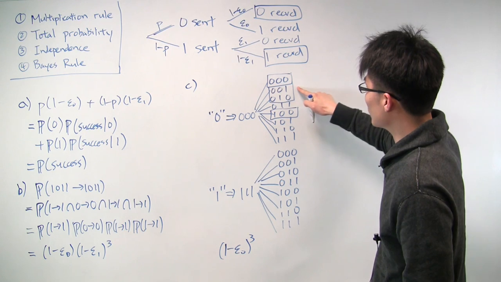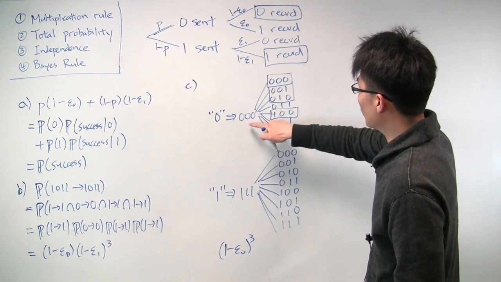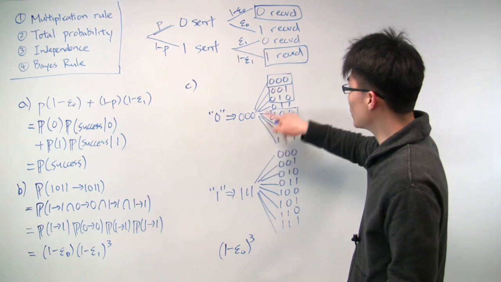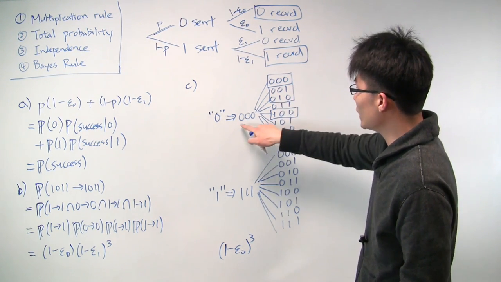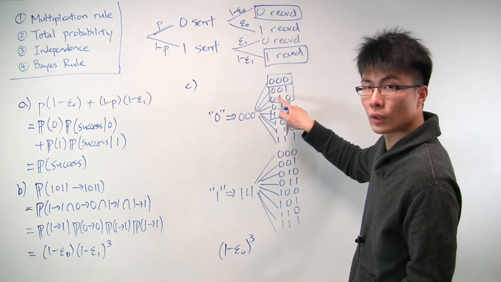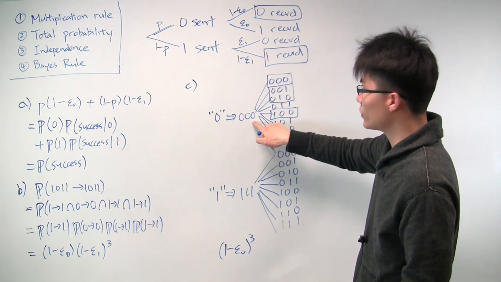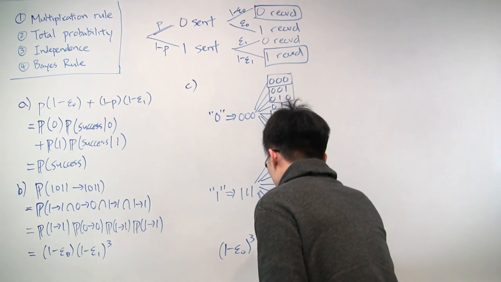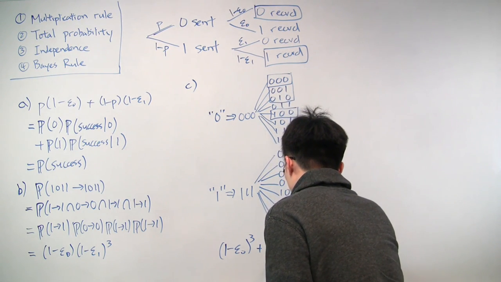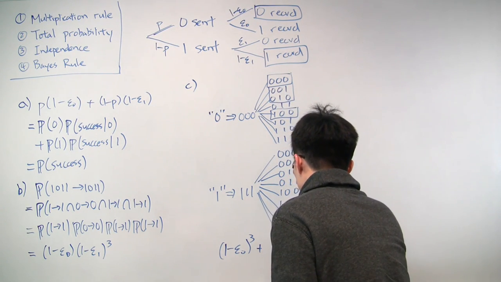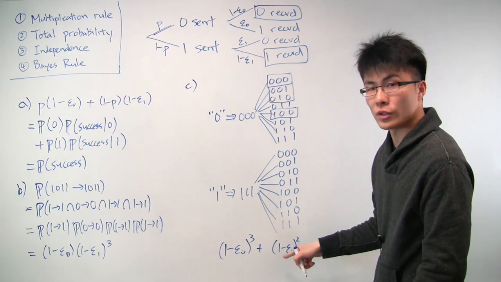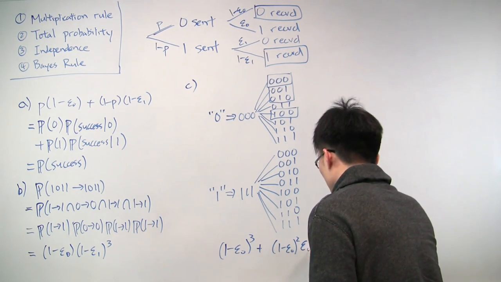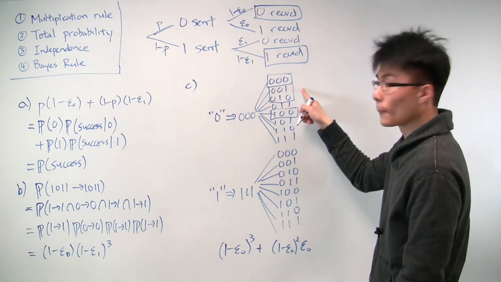Now let's consider the other ones. For example, what's the probability that a 000 gets turned into a 001? Well, in this case, we need 2 successful transmissions of zeros plus 1 transmission of 0 that had an error. So that is going to be (1 - ε₀)² for the 2 successful transmissions of 0 times ε₀ for the single one that was wrong.